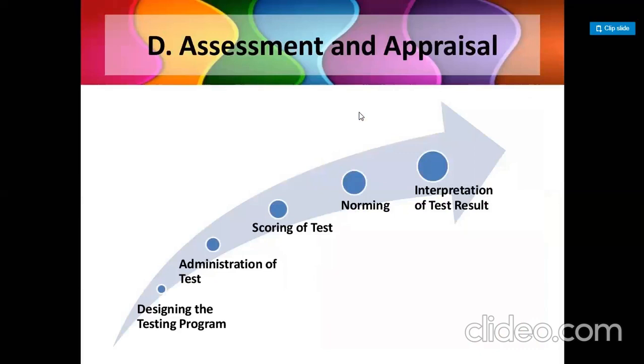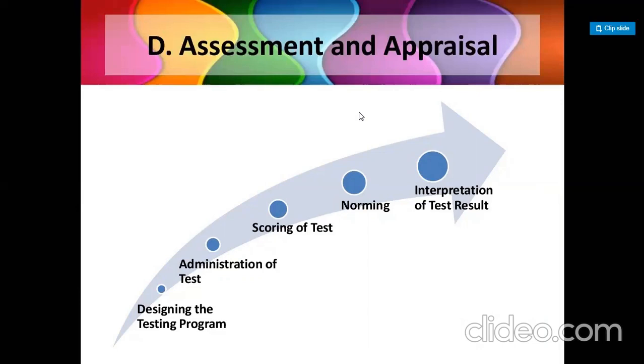So in UNC, we have a testing center and guidance center. We have a registered psychometrician and RGC who is designing the testing program, administering the test, scoring of the test, norming of the test, and interpretation of test results.